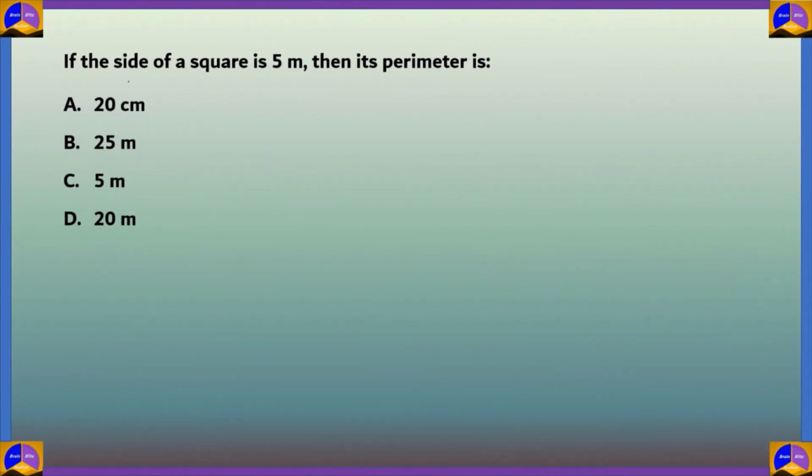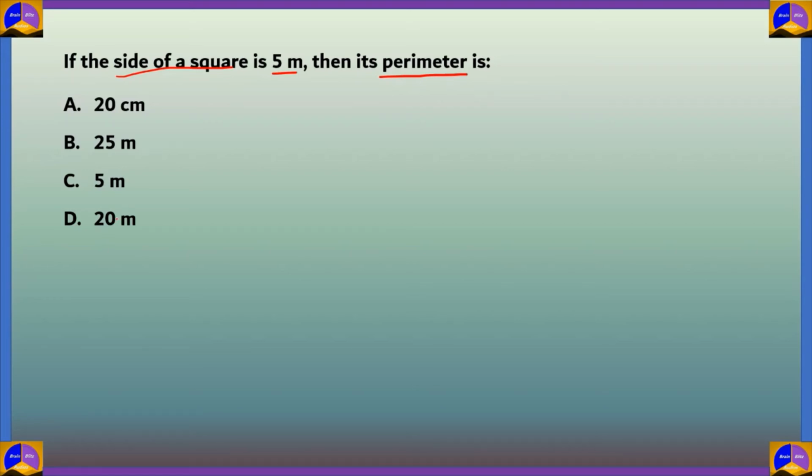Next question. If the side of a square is 5 meter, then its perimeter is option A 20 centimeter, option B 25 meter, option C 5 meter, and option D 20 meter.